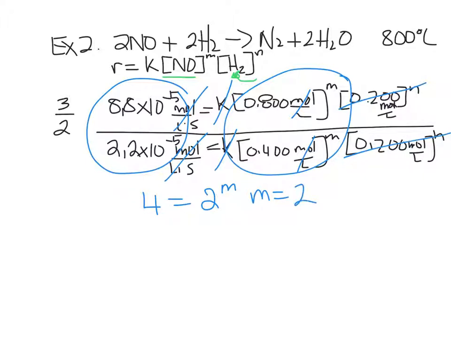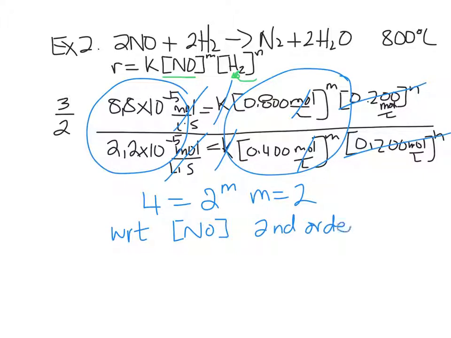The rate order with respect to NO is 2, or second order. So with respect to nitrogen monoxide, the order is second order.